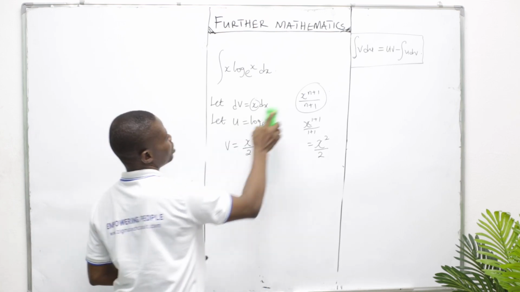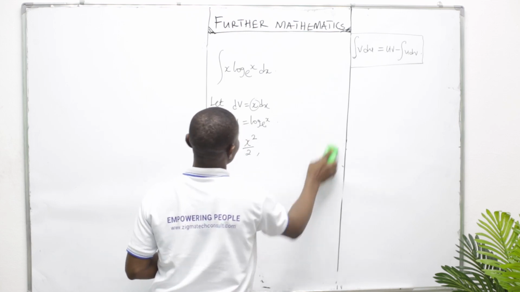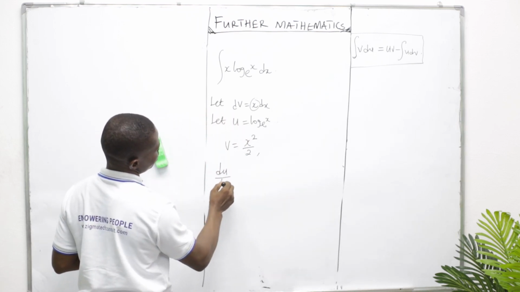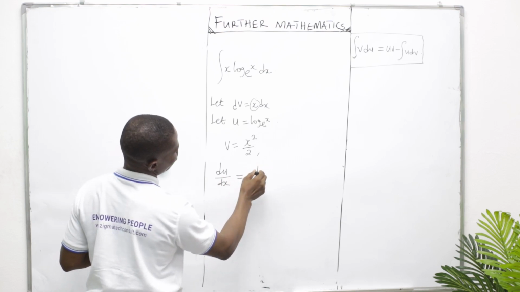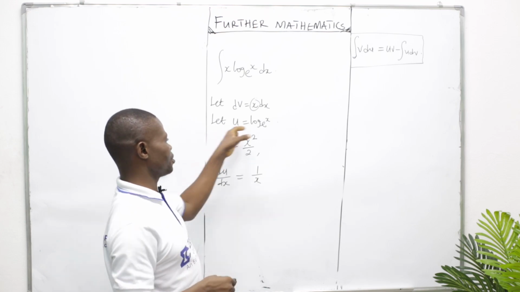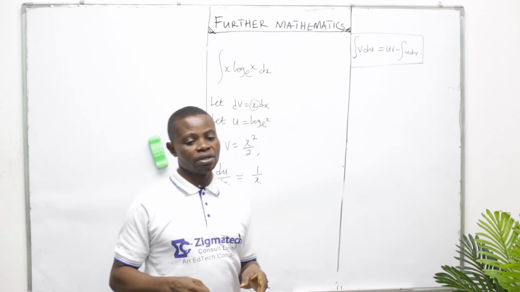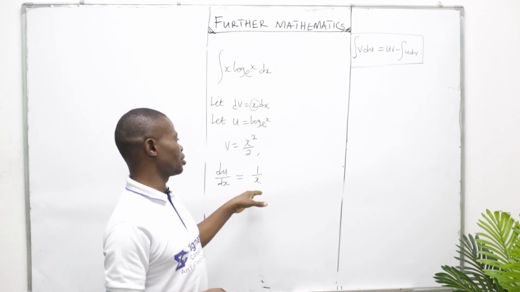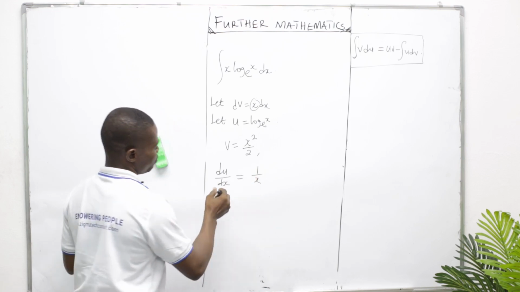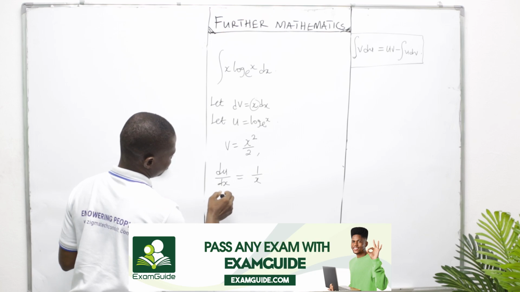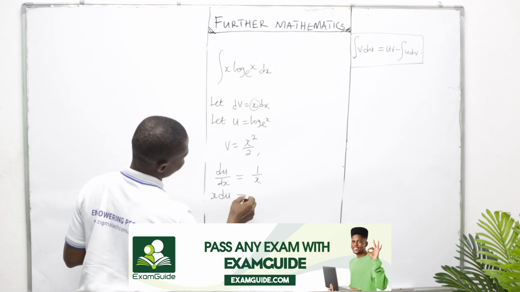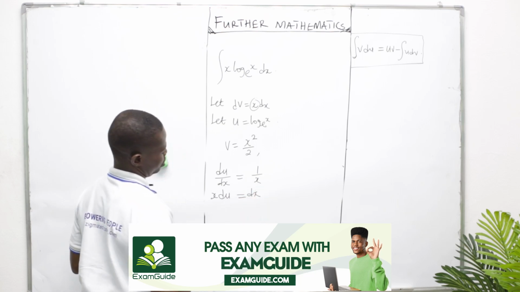Now, I want to handle the differentiation part. du/dx equals 1 all over x. Reason: differentiation of logarithm is a fraction or an inverse. So if I cross multiply, I'm going to have du/dx equals 1/x.